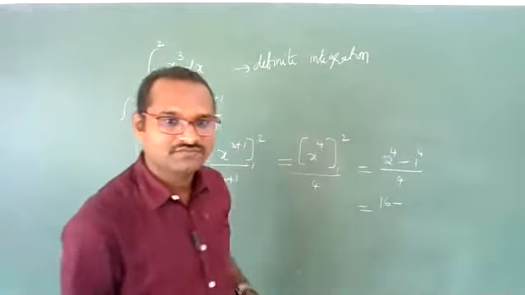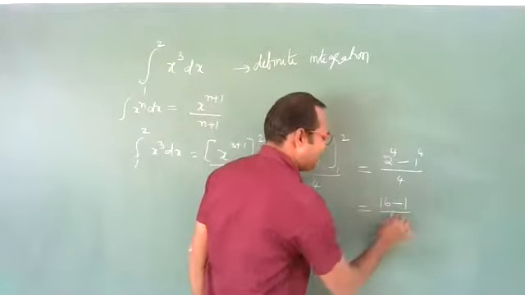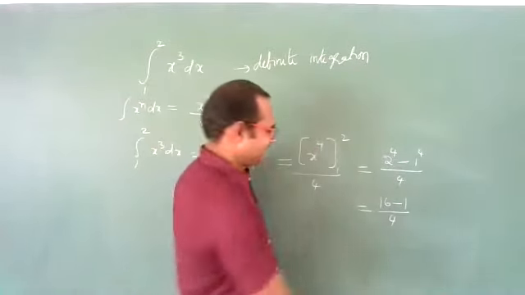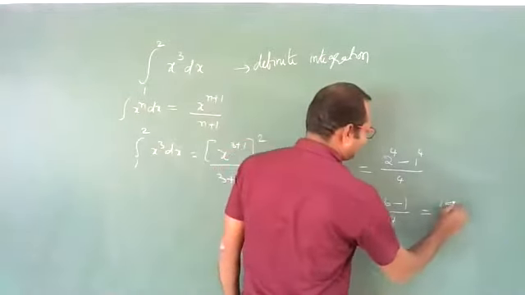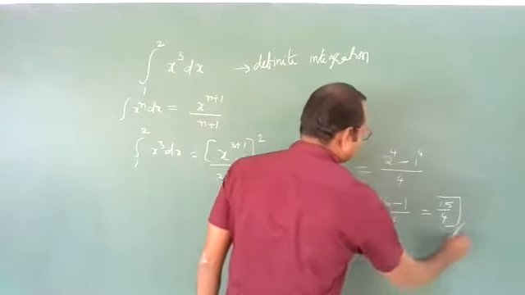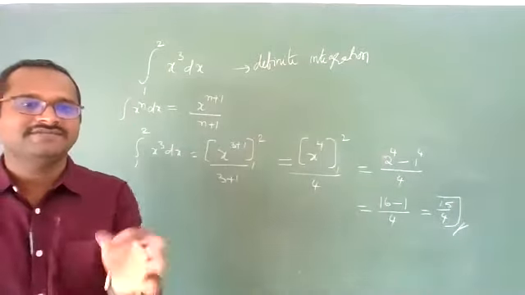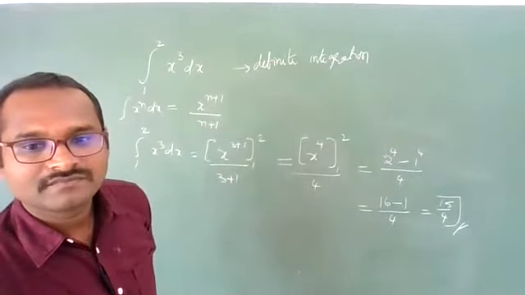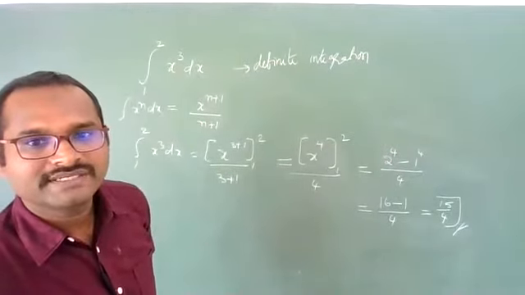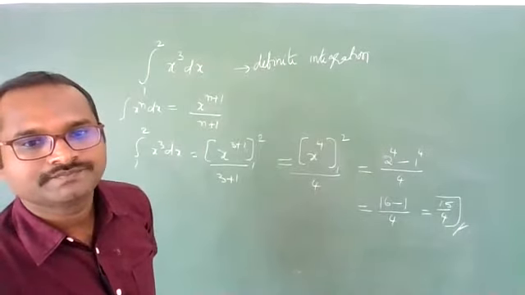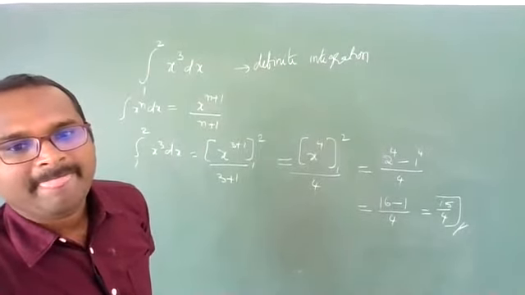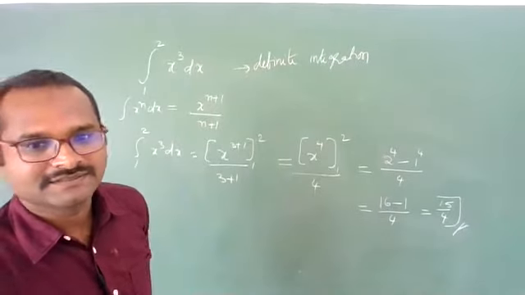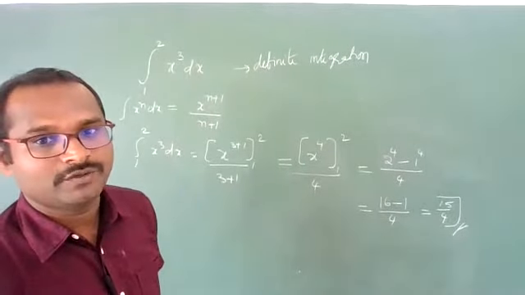So it is 1 divided by 4, and the value is 15 by 4. This is how we need to calculate definite integrations. Did you get an idea how to do it? Good, these are very important.